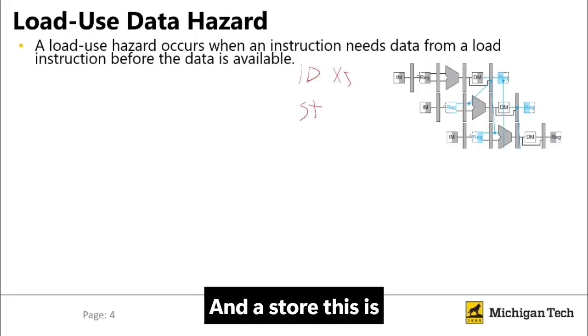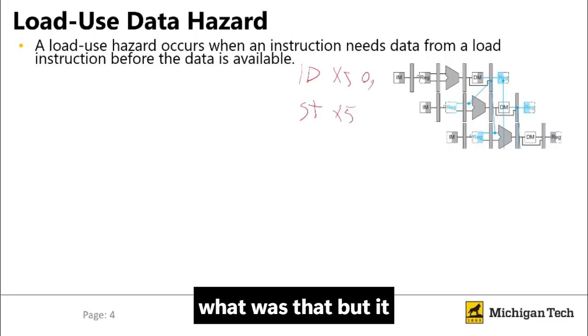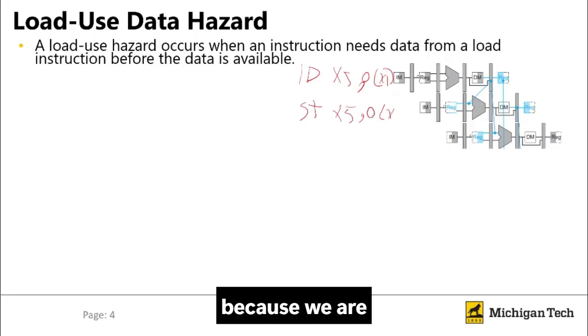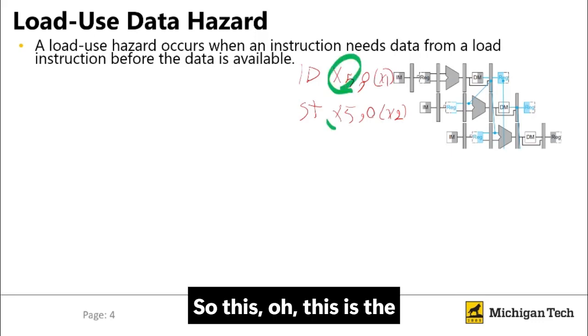This is using x5, 0. I don't remember what it was, but it was something like x1, 0, x1, x2, because we are copying. But this x5 is the dependency part. So this is the dependency part.